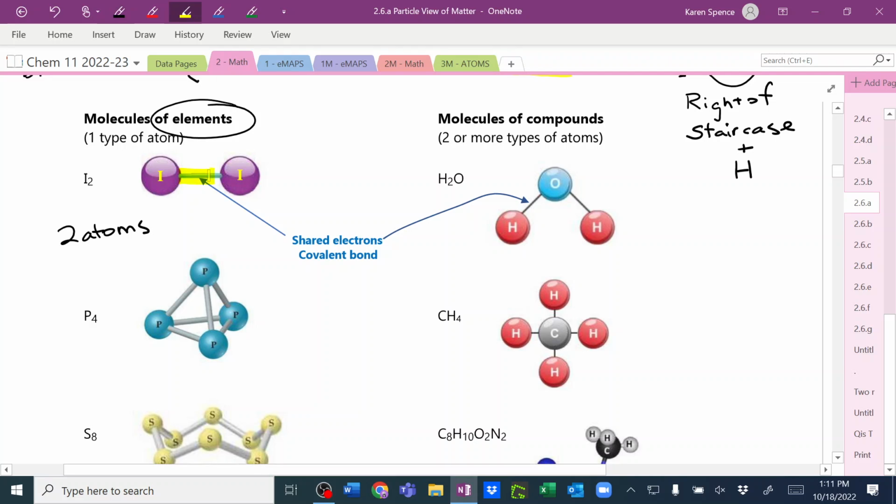This bond right here, in between, that represents one pair of shared electrons, or you could say two electrons, okay?